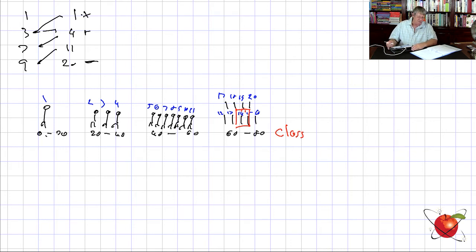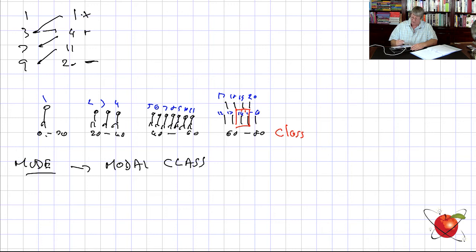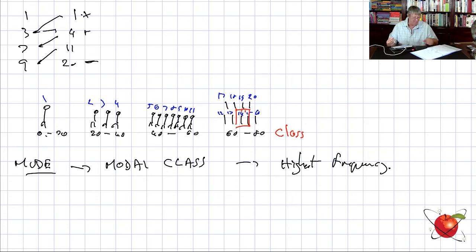So, what's the modal class? In this case, the mode is actually referred to as the modal class. Where is it? You look for the highest frequency. Where are the most people? Let's go back and have a look.